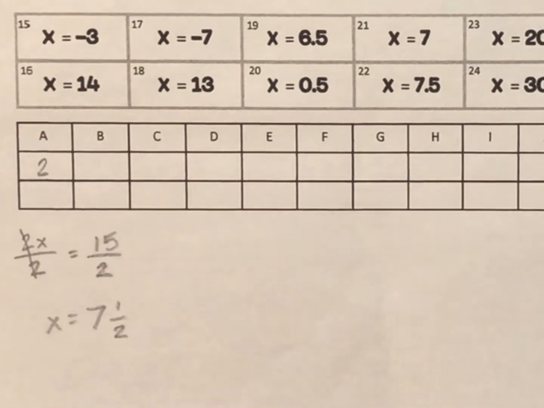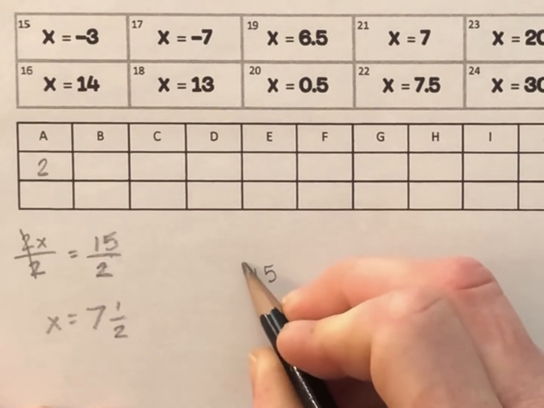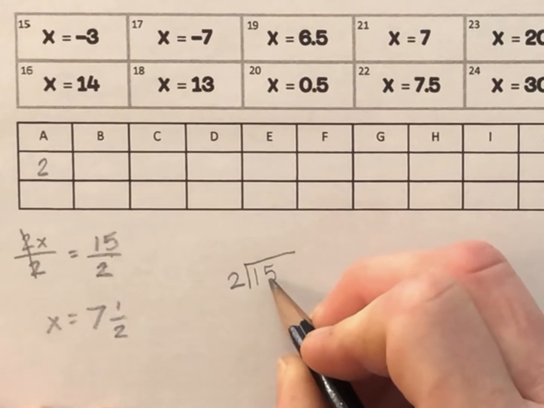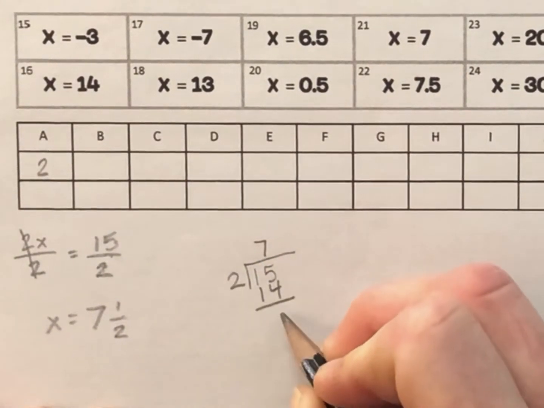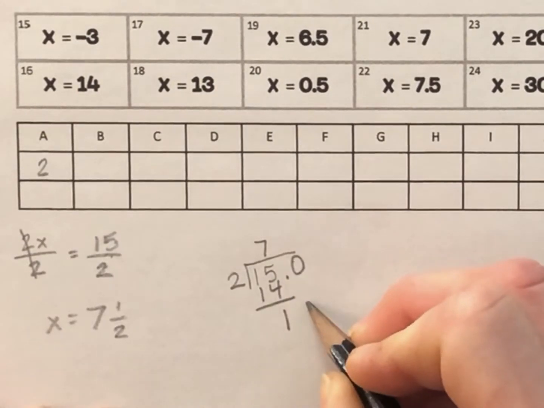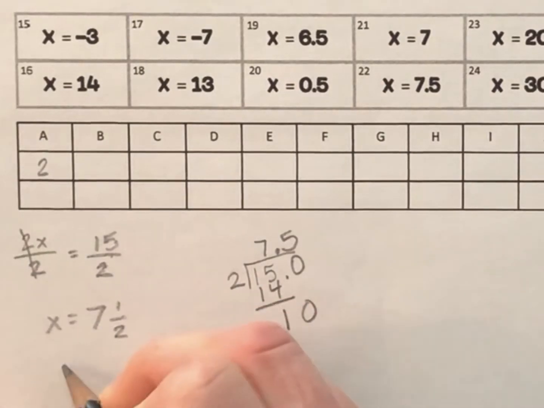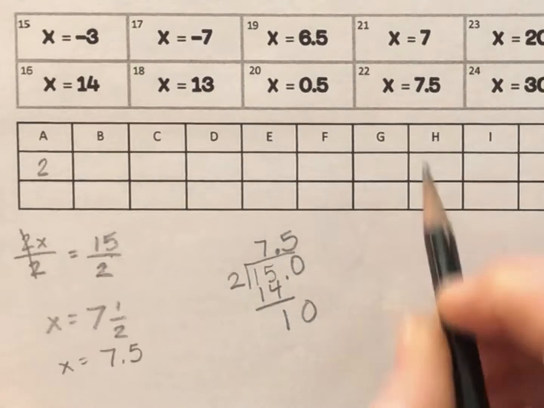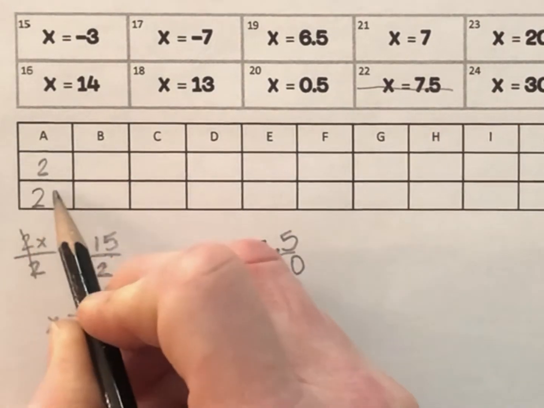I will go back, 15 divided by 2, and I will put that in decimal form. 2 goes into 15 7 times. Bring down the 0, 5, decimal. There we go. Now, x also equals 7 5/10, which is 22. So I will write 22 there.